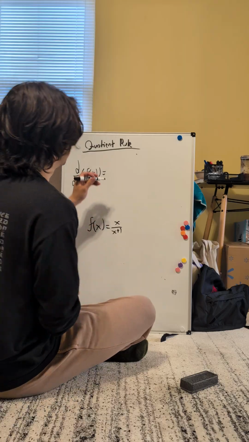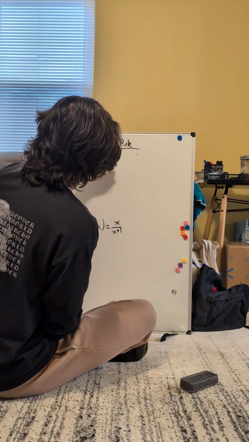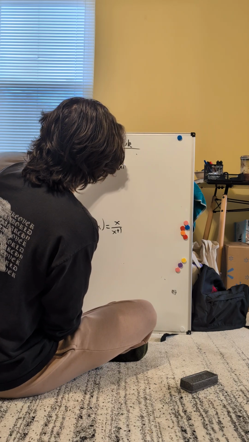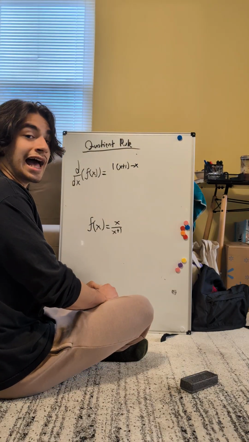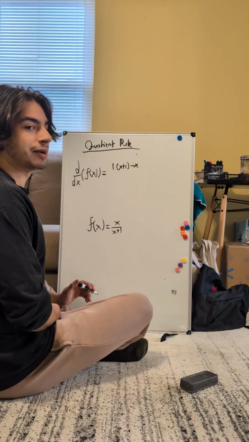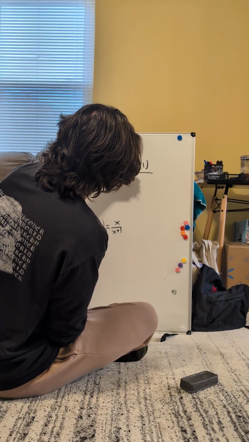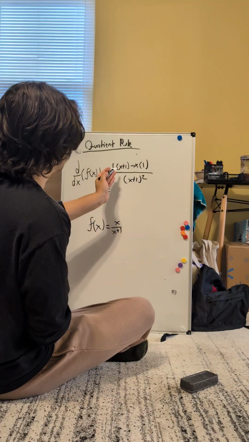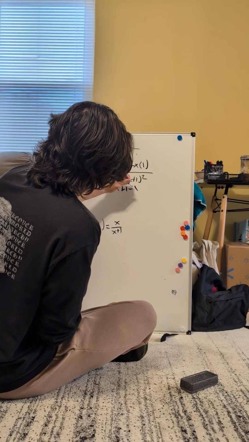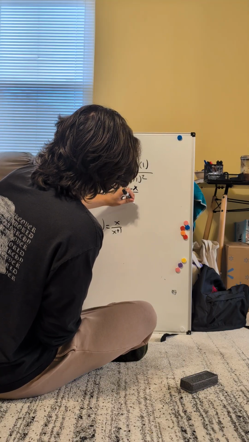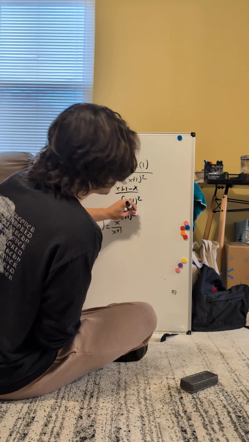So the derivative of x, using the power rule, is just 1, multiplied by the bottom function, which is x plus 1, minus the top function, which is x, multiplied by the derivative of the bottom function, which is just 1, all over the bottom function squared, which leaves us with x plus 1 minus x over x plus 1 squared, and then we get 1 over x plus 1 squared.